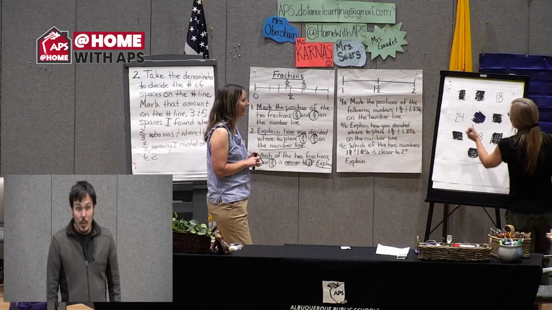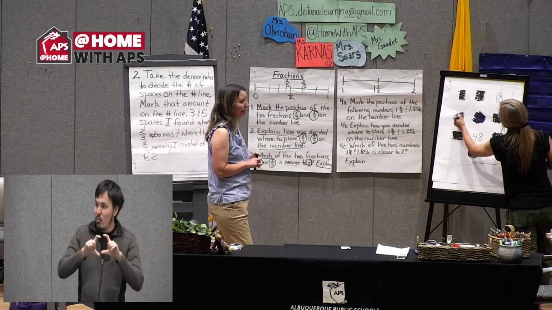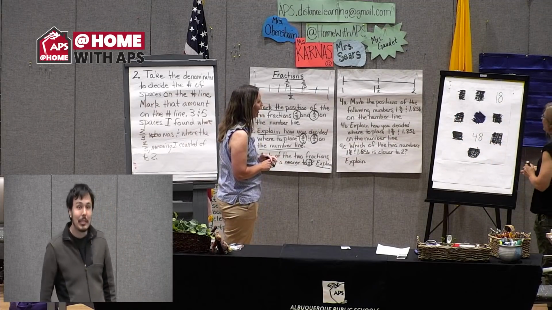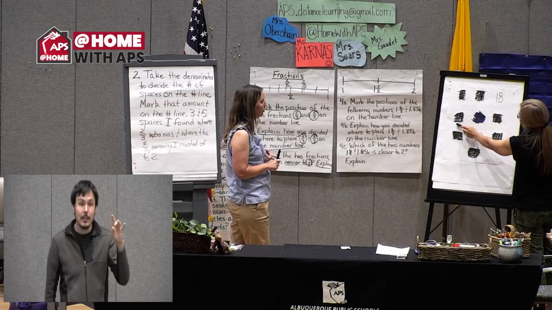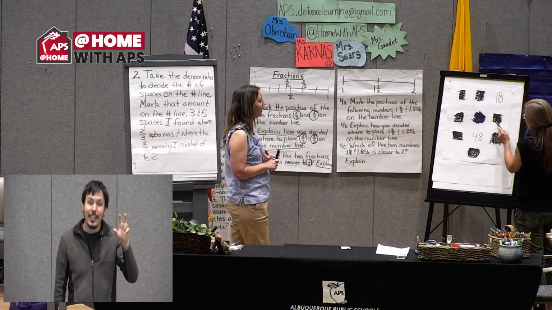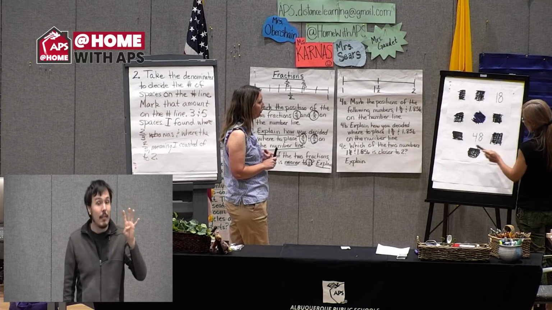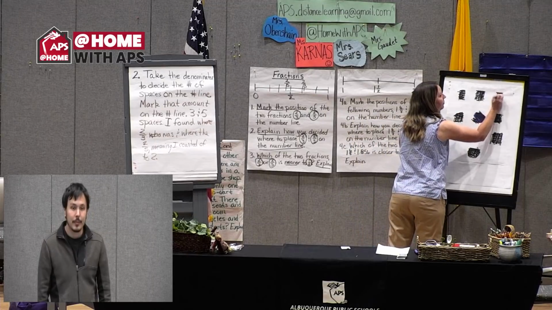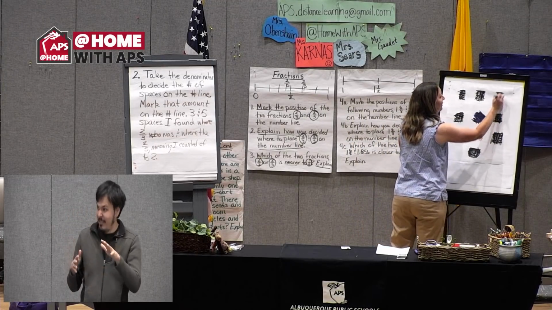Ooh. Let's get rid of this whole row right here now. Ooh, eek. All right. 6, 12, 18, 24, 30, 36, 42, 48, 54, 60. Almost there. That's not working anymore.